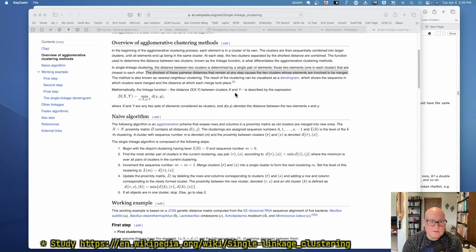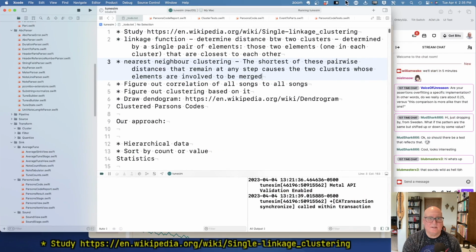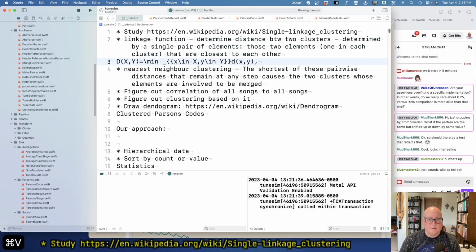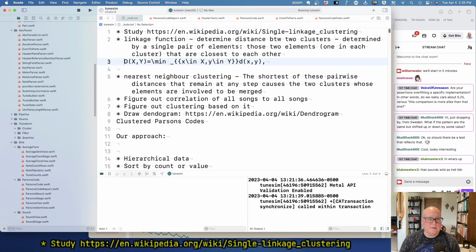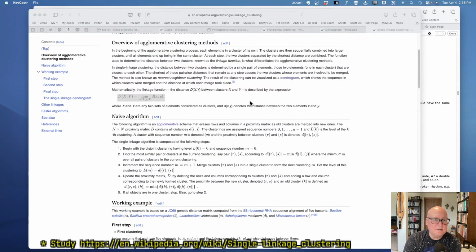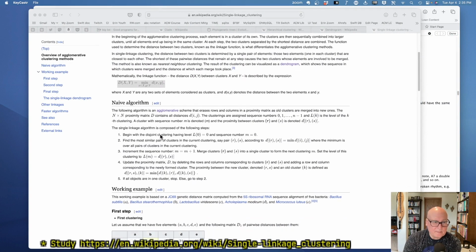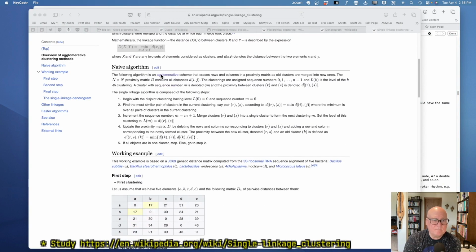Right. Linkage function. Can I select this? Yeah. We'll see what that draws in here. Who knows? Okay. We'll get a little LaTeX, I think. Okay. Agglomerative.